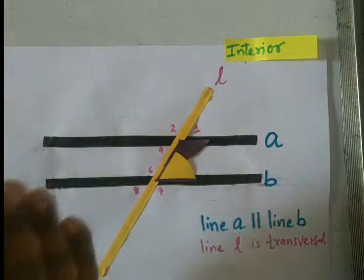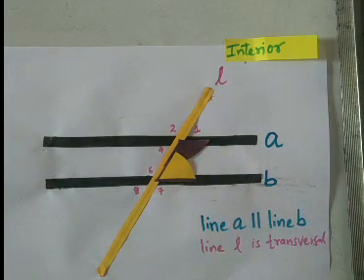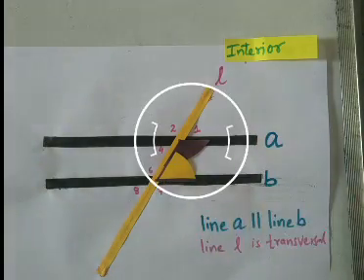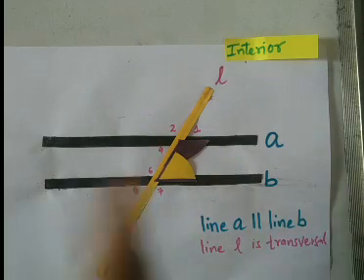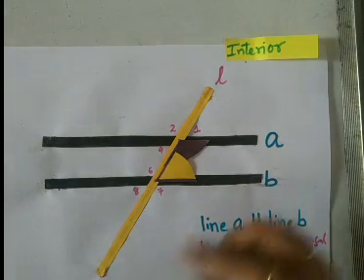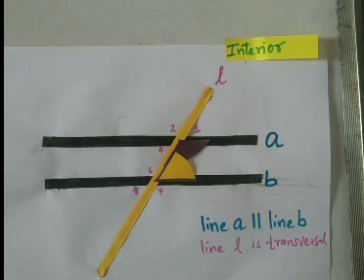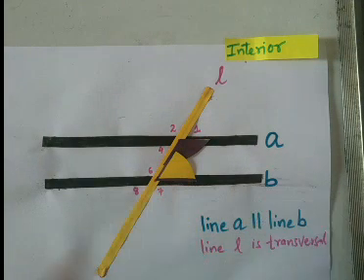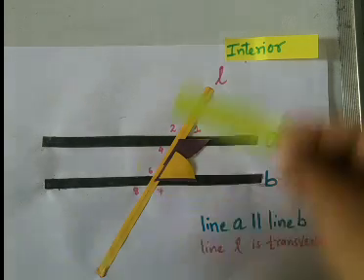They are forming on the same side of the transversal. One is forming on line A, one is forming on line B, on the same side of the transversal, between the two parallel lines. As you can see here, this angle is 120 degrees, this angle is 60 degrees. It means interior angles are not congruent to each other.